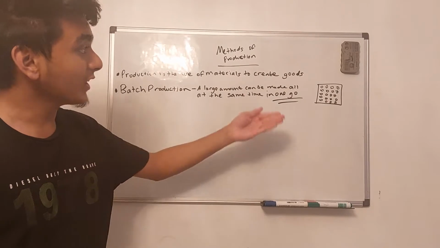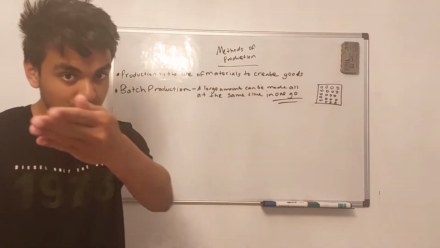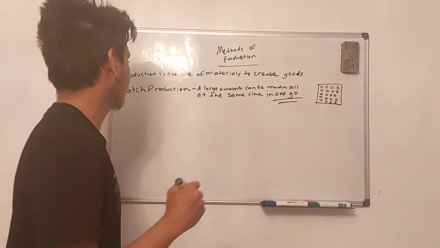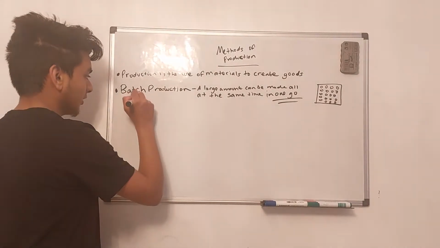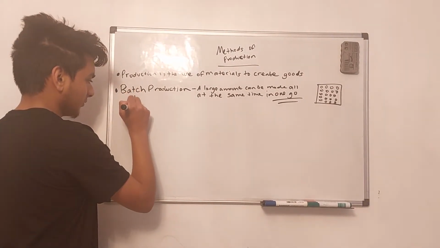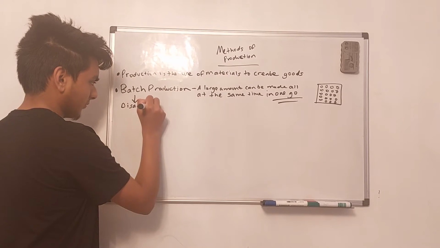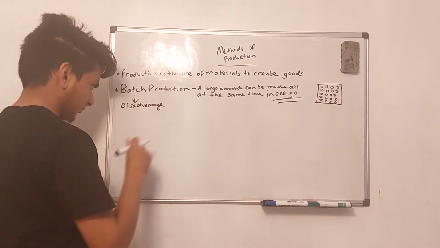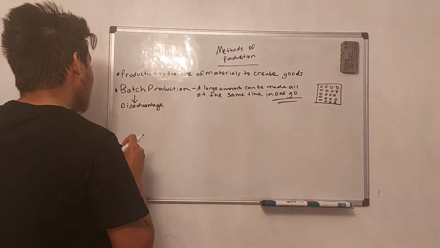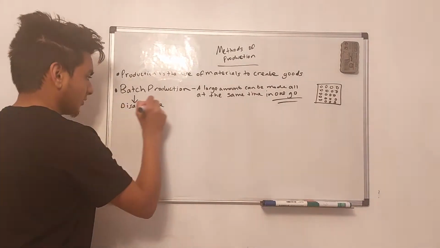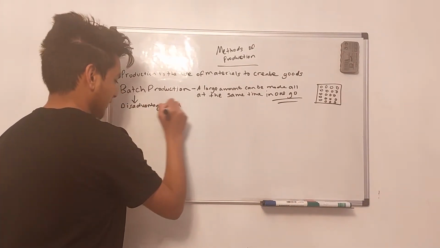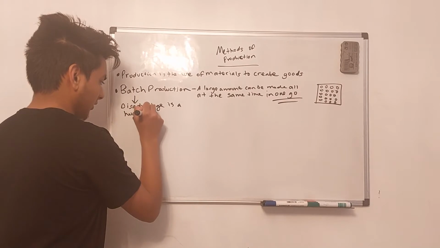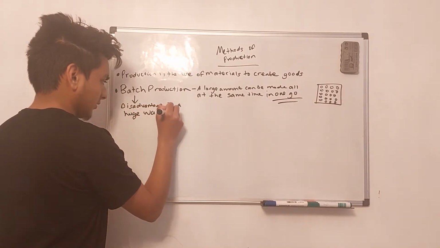That leads to huge wastage of goods. So that's a disadvantage of batch production: huge wastage of goods.